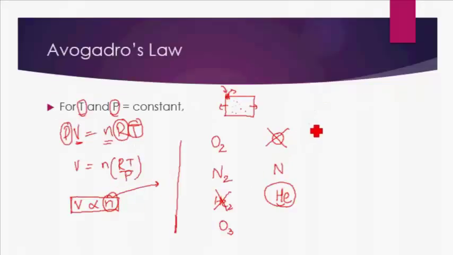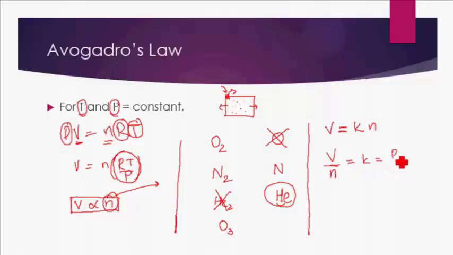We can see this in mathematical form from here. V = n into RT by P, and this RT by P can be taken as a constant, say K. So this makes it V = K into n, which makes V by n a constant K, which is equal to RT by P. So as long as P and T are kept constant, or the ratio of T and P is kept constant for different gases, their ratio of volume and moles will always be the same.